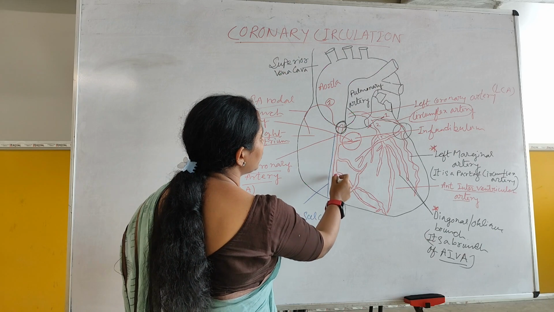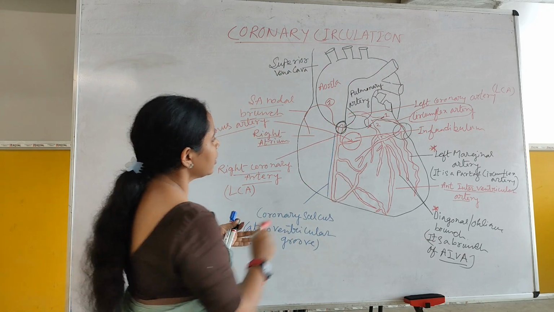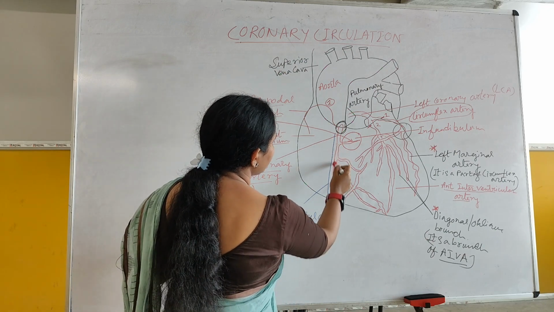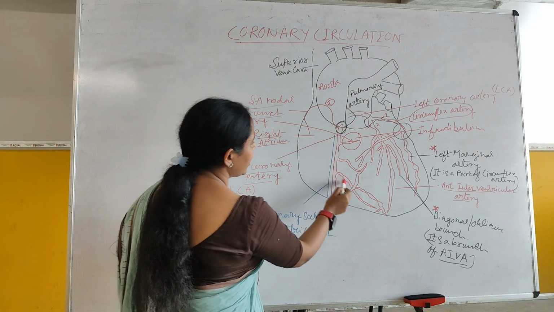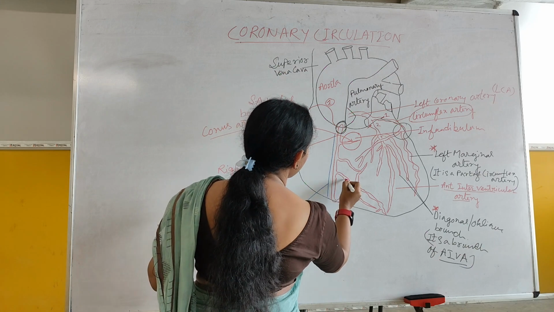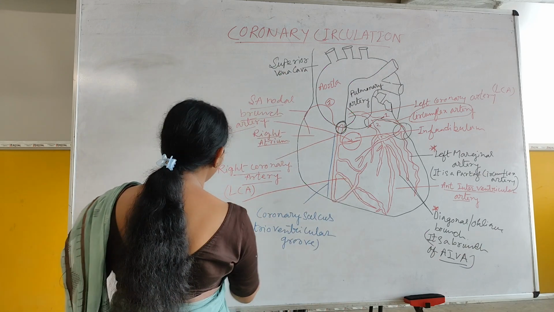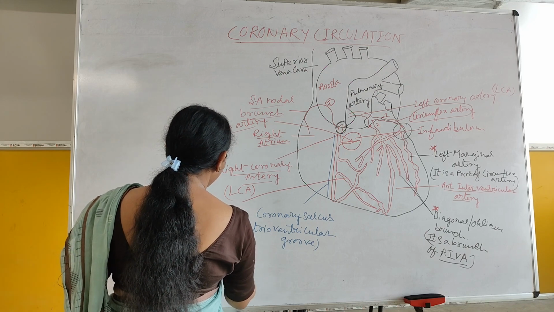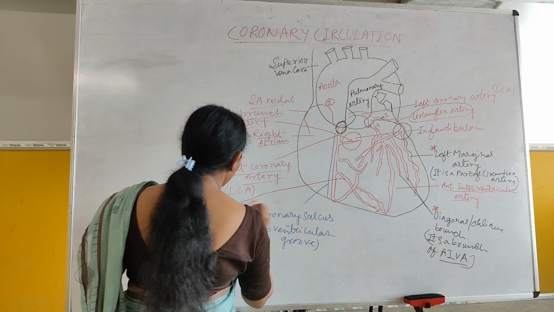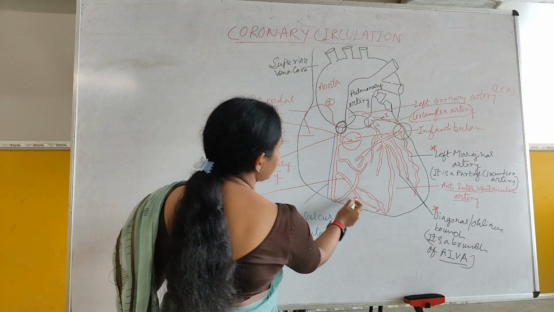So the right artery goes this way and forms the margin. So it is the marginal artery, as it is in the margin.